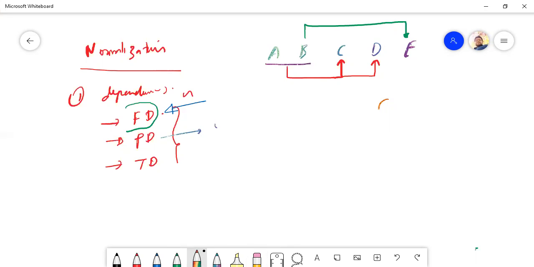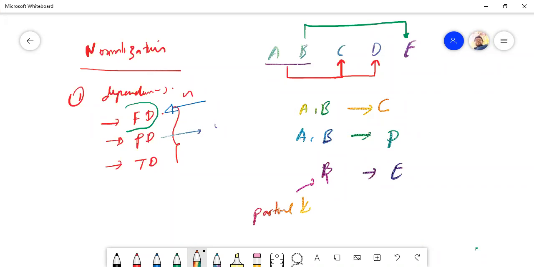If you take C, it depends on A comma B, fully depending on A and B. If you take D, it is also fully depending on A and B. If you take E, it depends only on B. So B is a partial key.